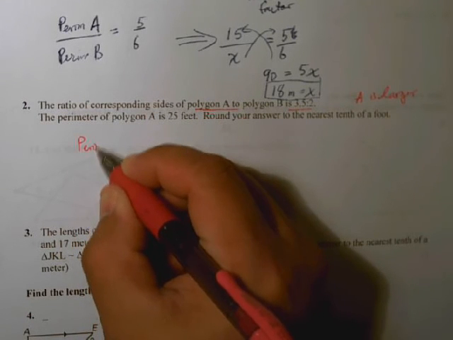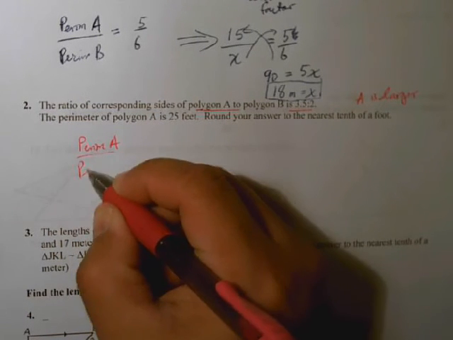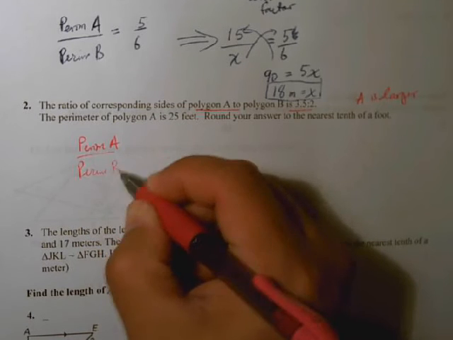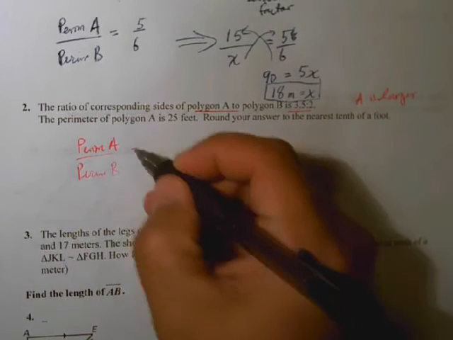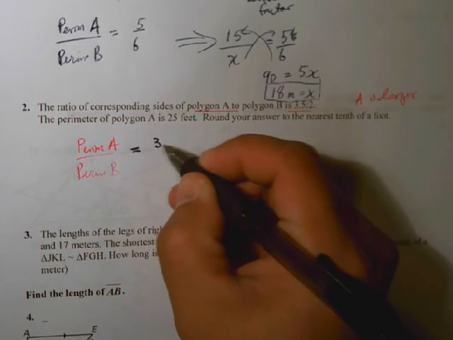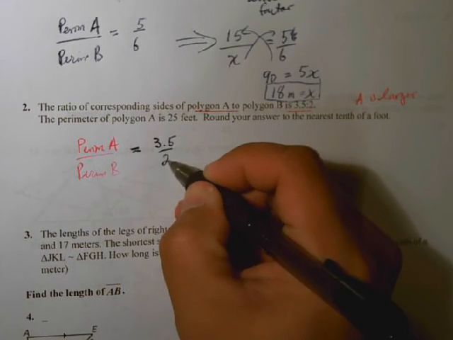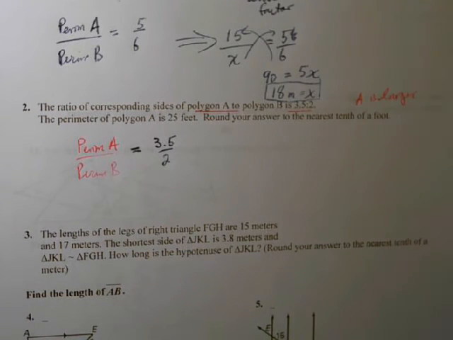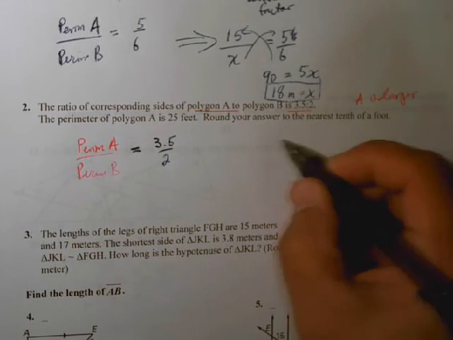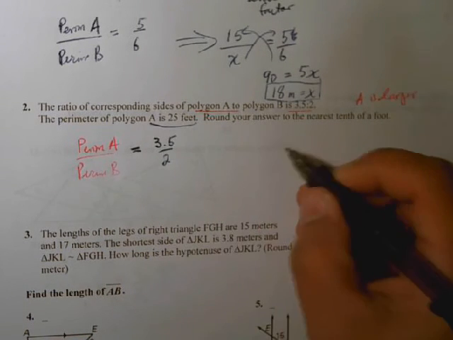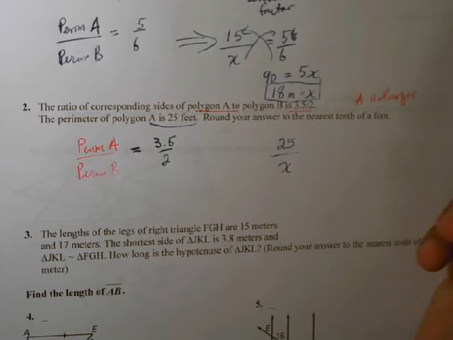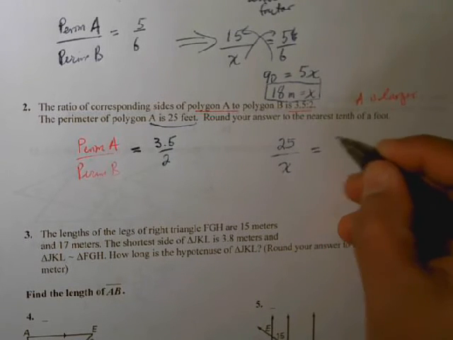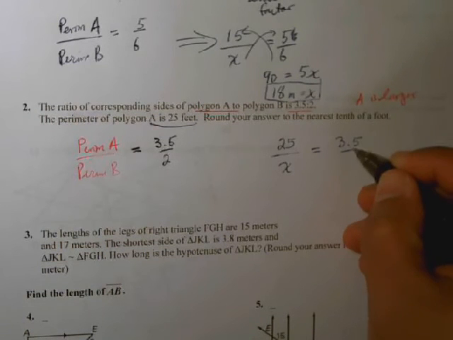The perimeter of A over the perimeter of B is equal to 3.5 over 2. So let's work this out. We know that the perimeter of A is 25 feet. So we have 25 over x, that's the perimeter of B that we're looking for, is equal to 3.5 over 2.